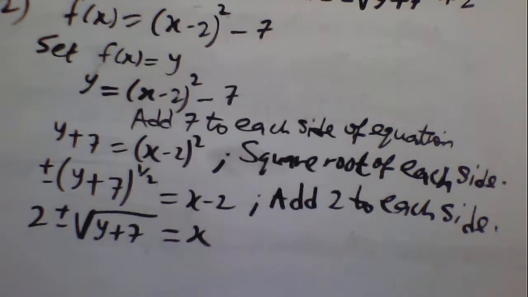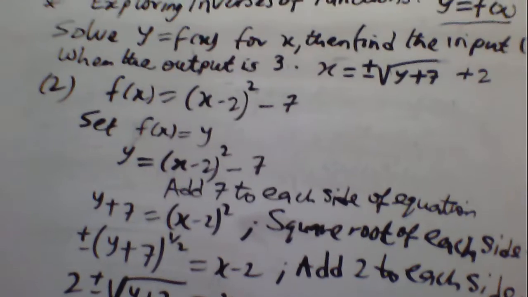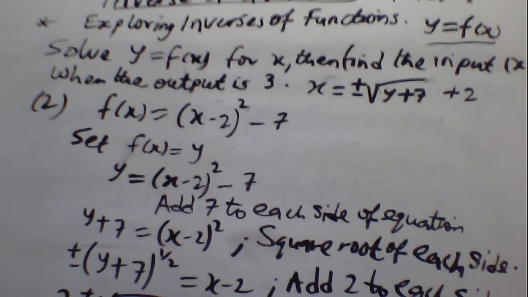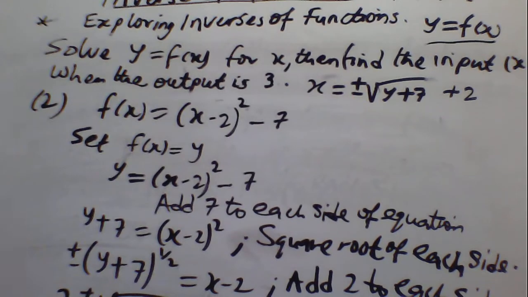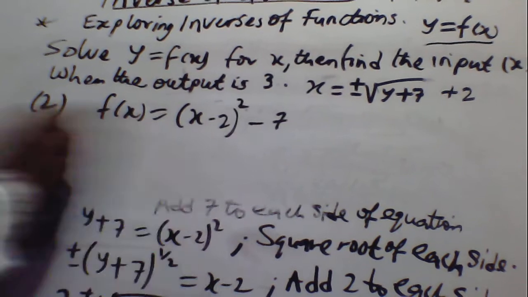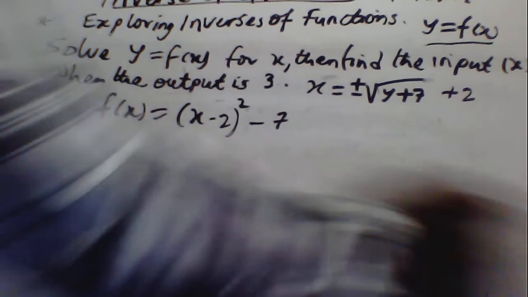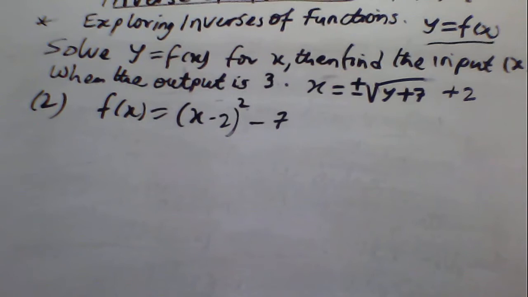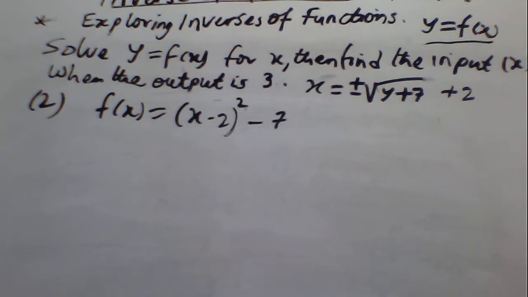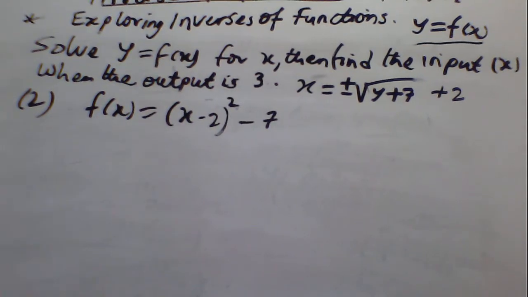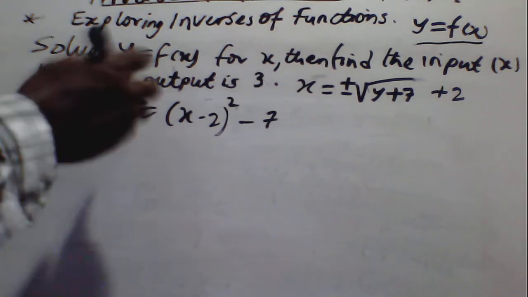So let's clean the board so we can solve for other values. From here we have gotten the value of x. The next is to find the input when the output is 3.